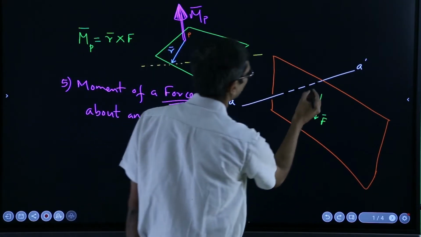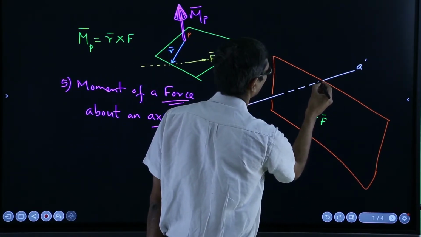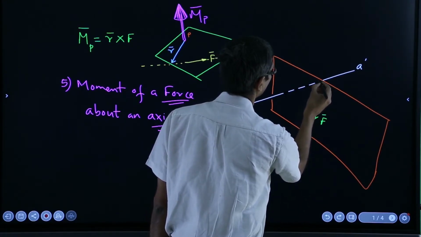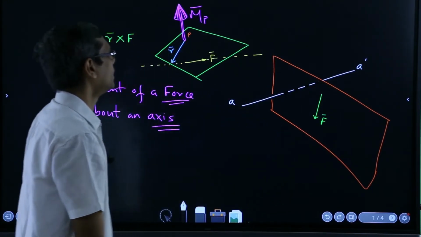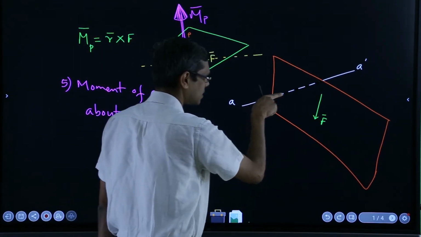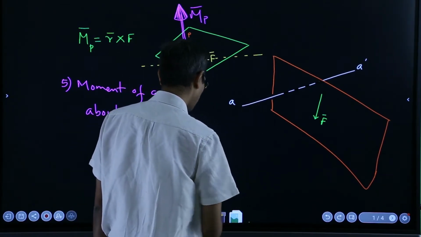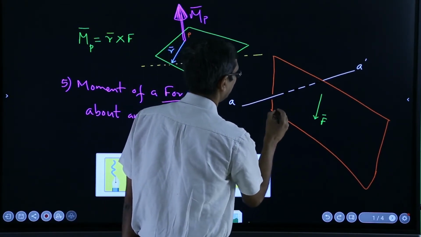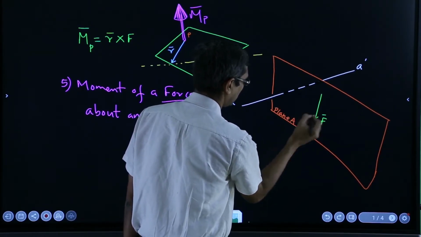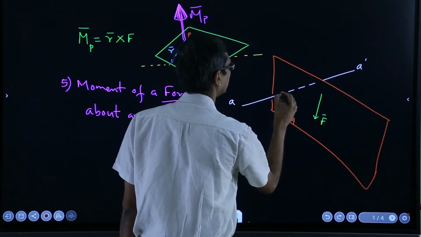Say let it be this. That means at this point the axis is just piercing through the plane. Let the plane be called, say, plane A maybe.